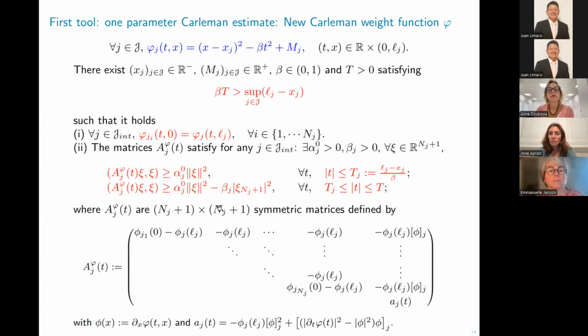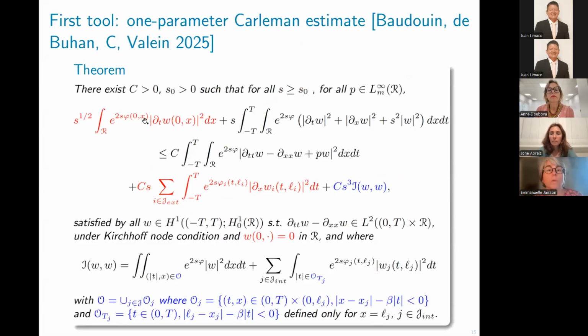So here is our new Kalman estimate with only one parameter. So here you have only one level of exponential. And on the right-hand side of your Kalman estimate, you will have the usual part, which comes from the measurement of your flux on the leaves of your tree. But you will have also this new term in blue. And this new term, in fact, looks like the term that Lucie, Maya, and Sylvain get for their wave equation on a bounded domain.